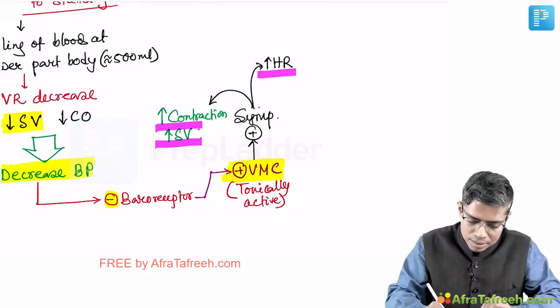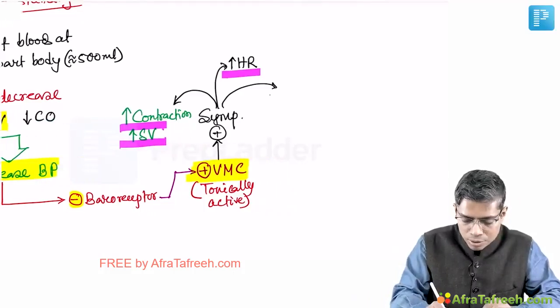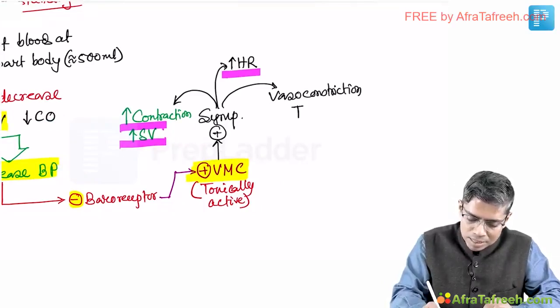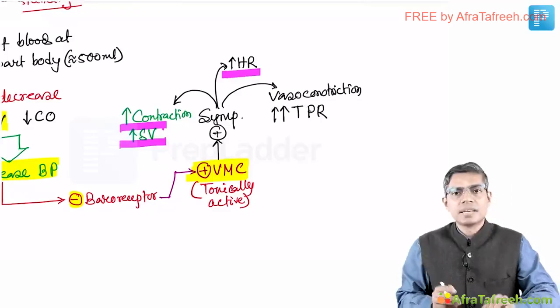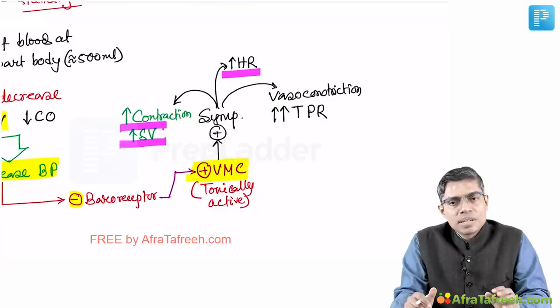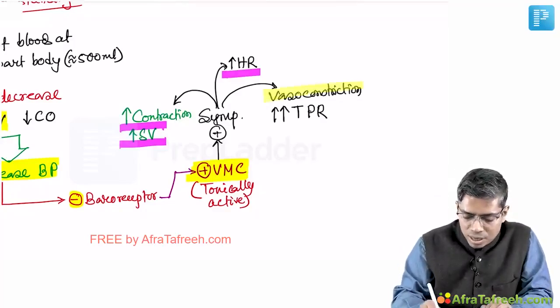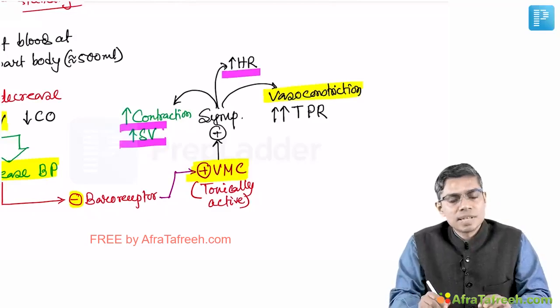Not only that, the sympathetic system is also going to cause vasoconstriction. So if there is vasoconstriction, what will happen to the TPR or total peripheral resistance? It is going to be high. Increased TPR, total peripheral resistance, will be high. And vasoconstriction means there will be constriction of the arteriolar system as well as the venous system.